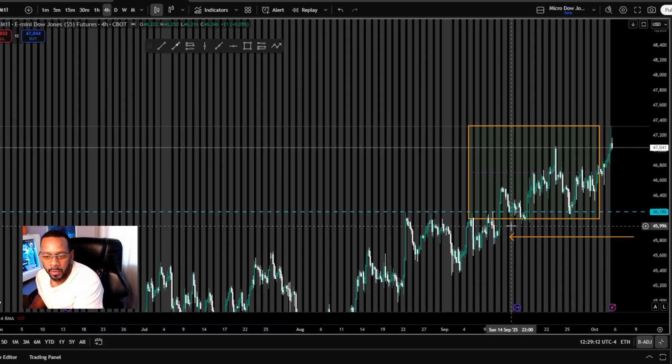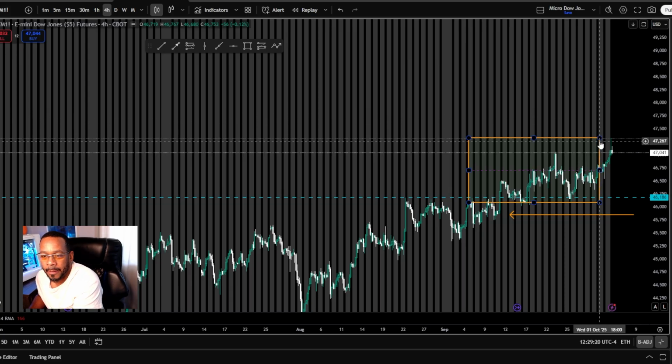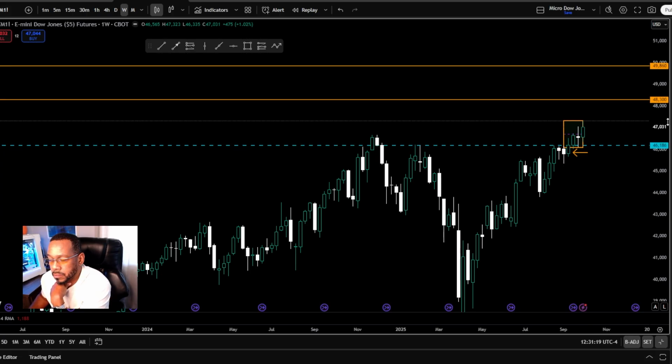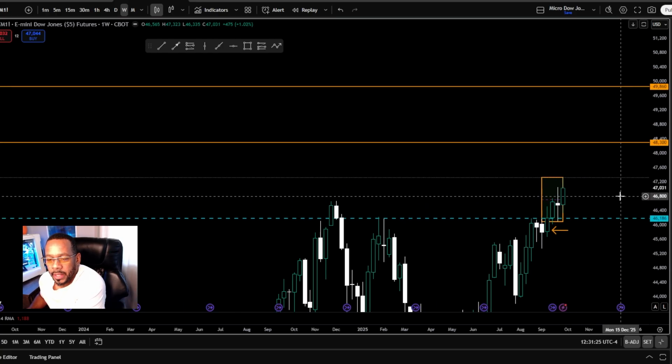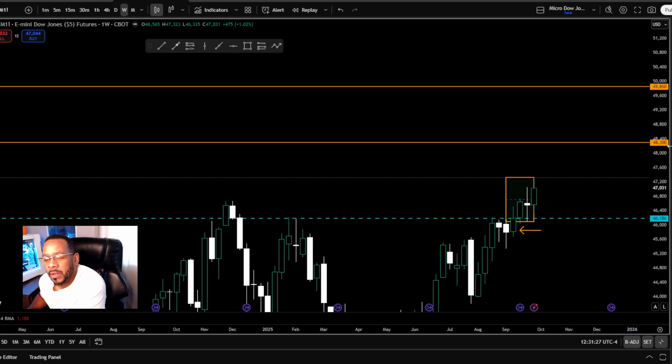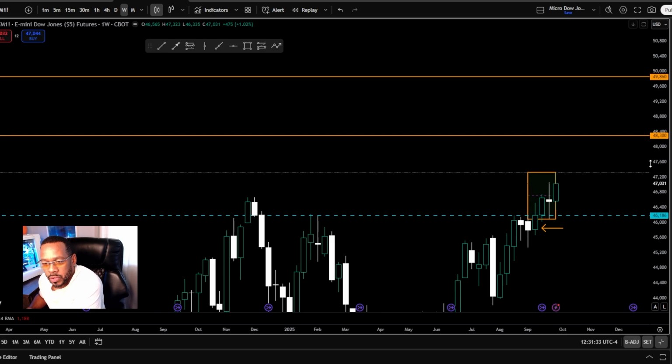Let's take a look at the Dow real quick and put some goals here for us, besides this 48,000. That would be awesome. Give me 1 second. So for the Dow, here's our new goals: 48,300 and 49,860. Those are our two new goals for the Dow. Again, overall trend is up.